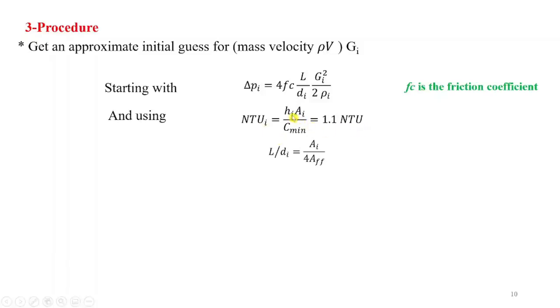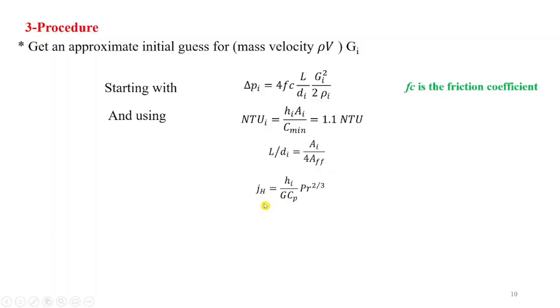So we can relate h, the heat transfer coefficient inside, with a known thing which is NTU. Also we can write an expression for the ratio L over D_i in terms of the heat transfer area and the minimum free flow area.